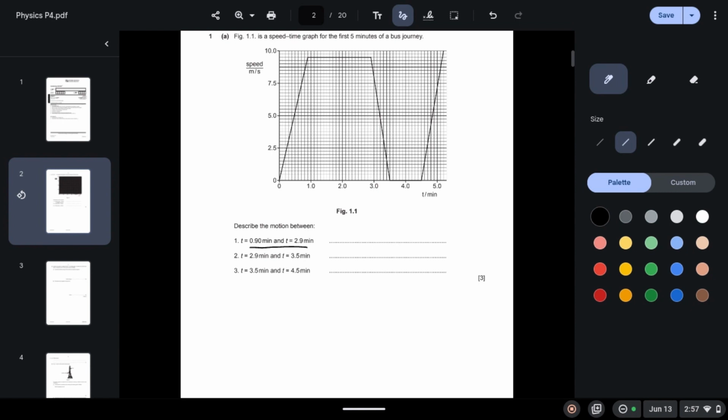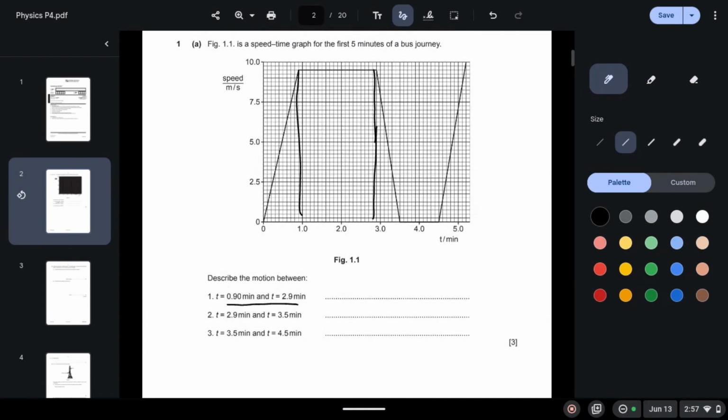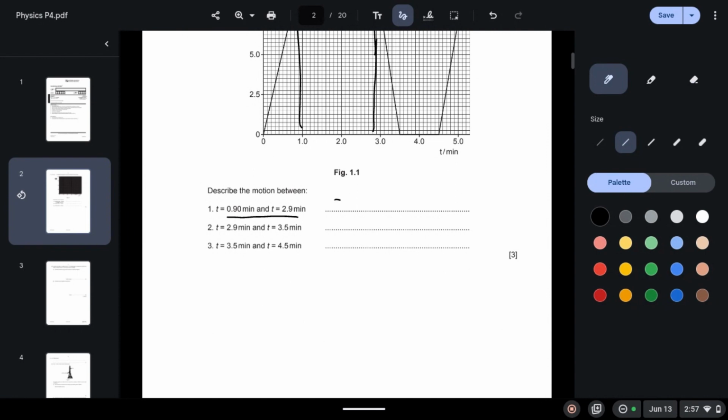So we can see that from 0.9 till 2.9 we have constant speed. Since the speed is not changing, we have constant speed.